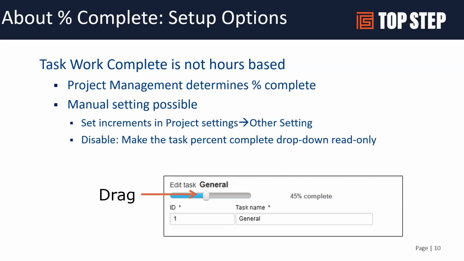And so that becomes the slider bar, then becomes accessible to move. And based on the percent complete at a task level set there, it will roll up to an overall project percent complete using OpenAir's calculations. So that is available as an option if you aren't calculating it based on a pure hours over hours calculation.